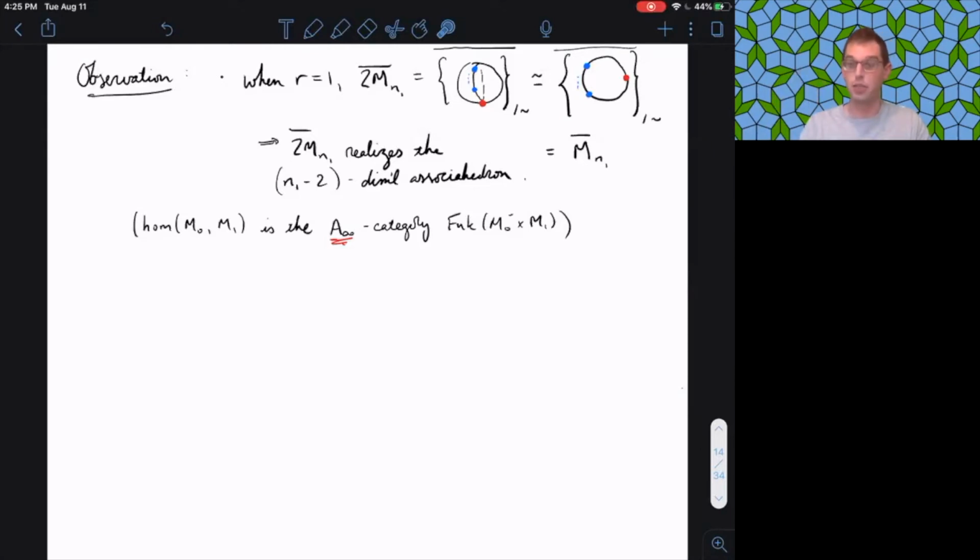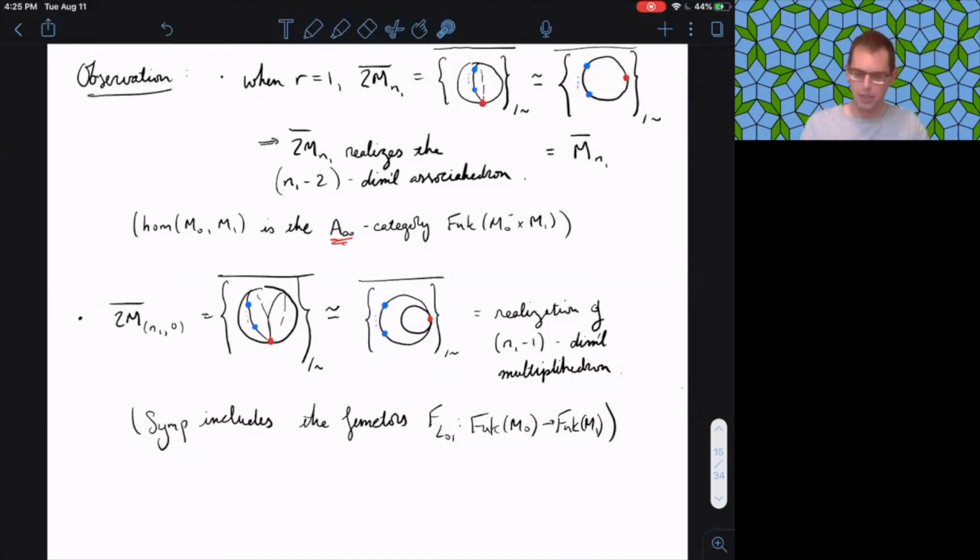And therefore, in this case, we just get the associahedra. And the compactifications agree. And the way that's reflected in the algebra of SIMP is that if we just consider one Hom space, Hom from M0 to M1, we're getting an A infinity category, where that fact is coming from the fact that when R equals 1, the two associahedra are associahedra.